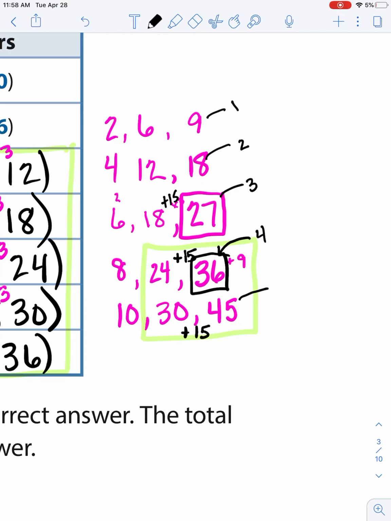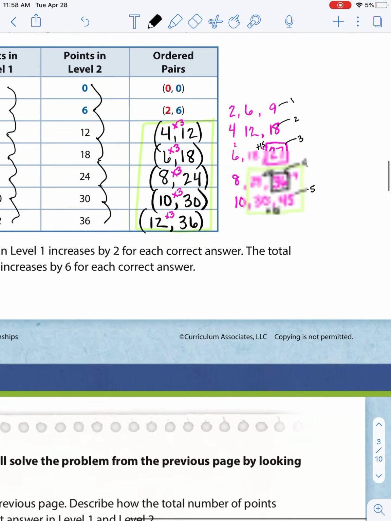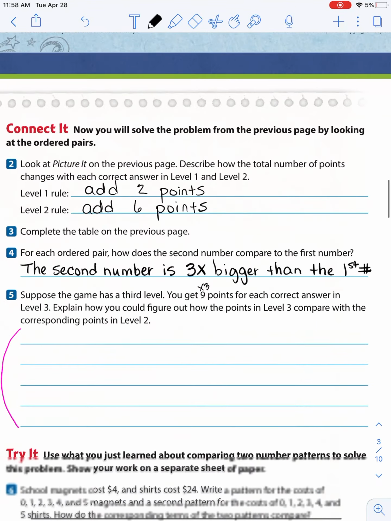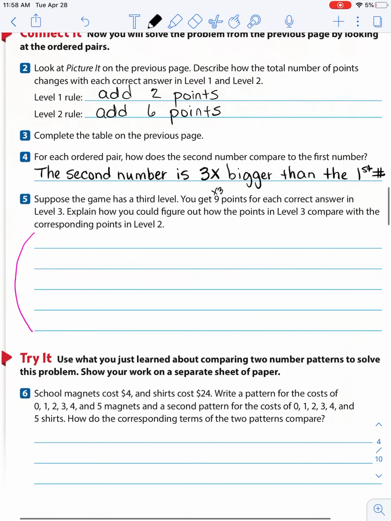Oh, wait a minute. Look at this. So each time they go up a level, they multiply by 9. Remember down here, each time they went up a level, they multiply by 6. I'm going to write that down.